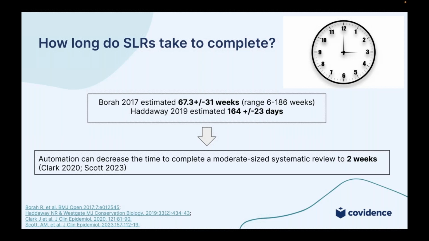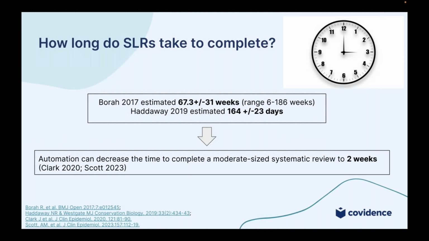So automation can speed up the review process, and using tools to facilitate the searching, the deduplication, screening, the risk of bias assessments and writing the review can all be used to facilitate the process. And Clark was able to decrease the time to 2 weeks to complete systematic reviews, but that was for a very experienced review team of 4.